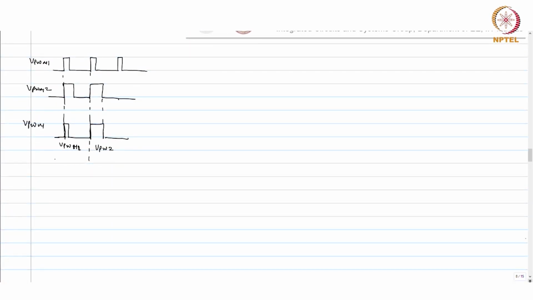So let's say my inductor current is DC. Your inductor current will be doing something like this. What is the average current?